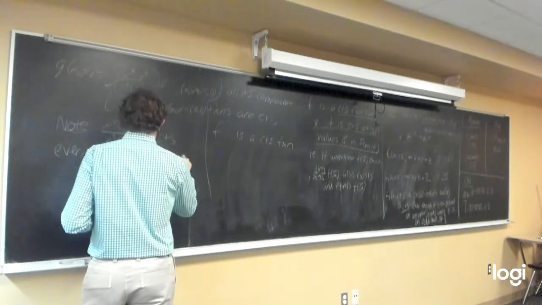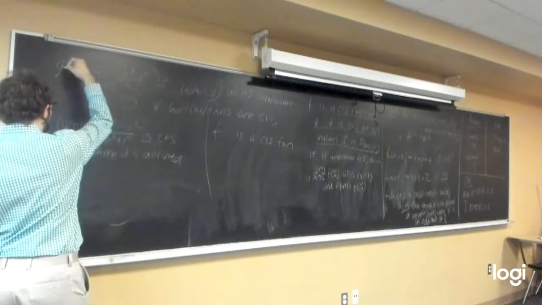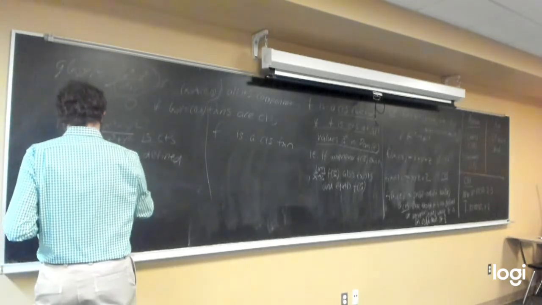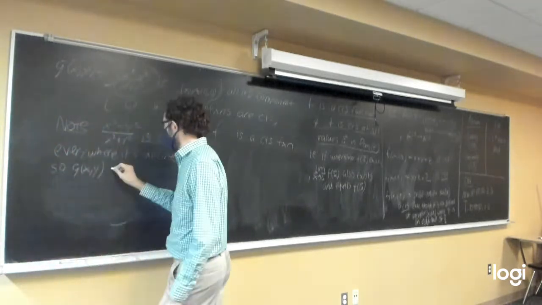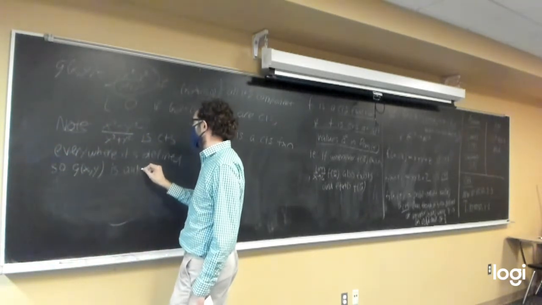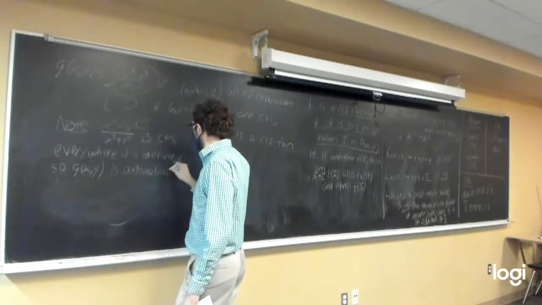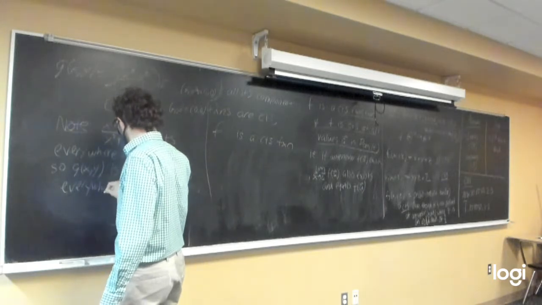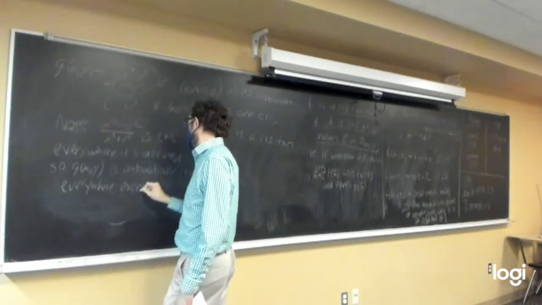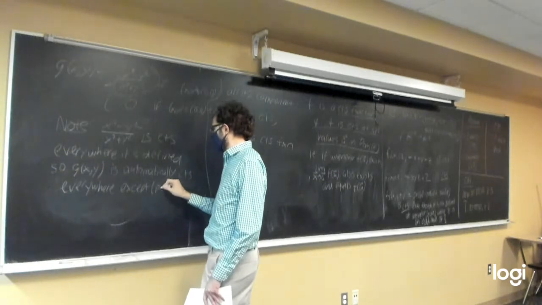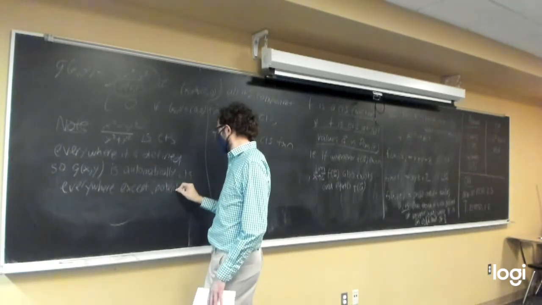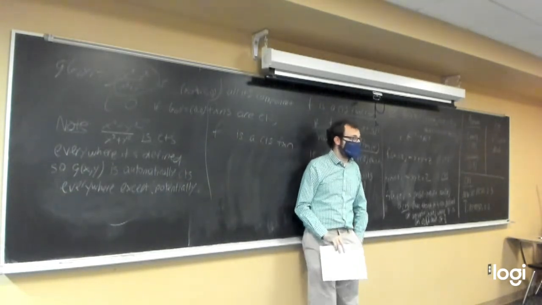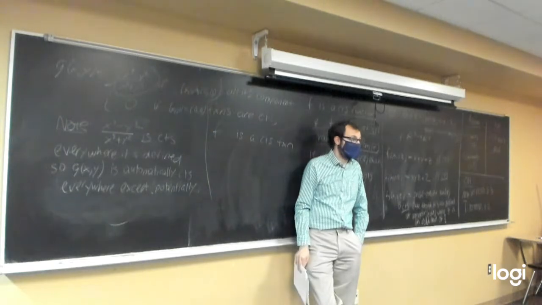Which means, since at all points except for one point, g of xy is defined by this function, that's going to tell us that g of xy is automatically continuous everywhere except potentially one point. What one point do we still need to check whether or not our g of xy is continuous at?